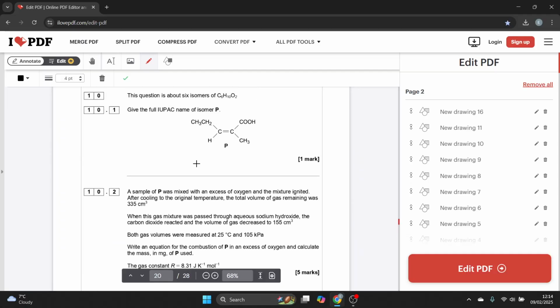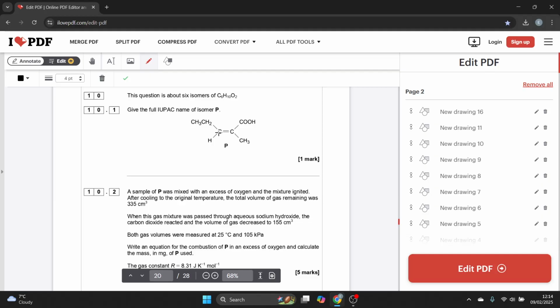Give the full IUPAC name of the isomer P. So first thing I would look at is it is a Z isomer, because with the Z isomer the groups are on the same side, but obviously all of these four are different.